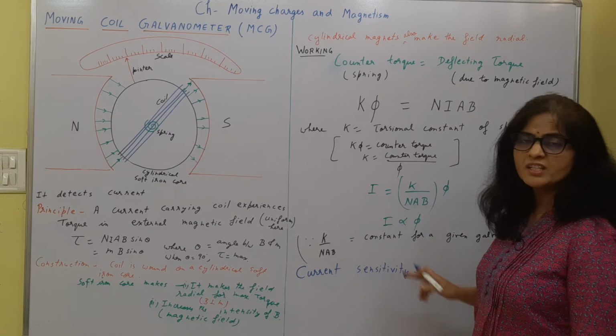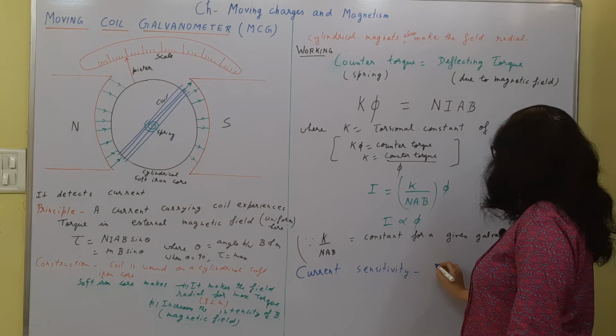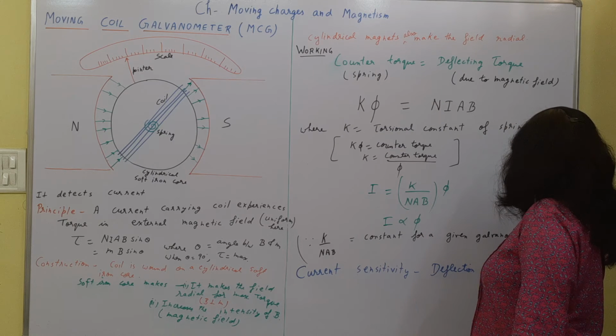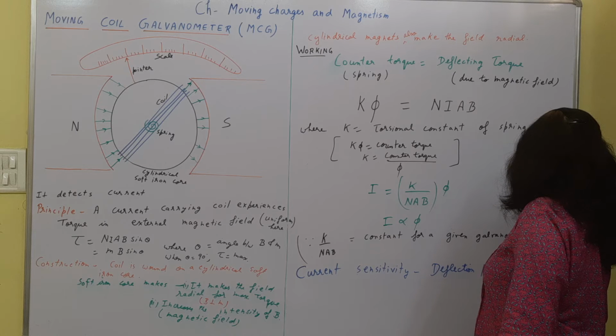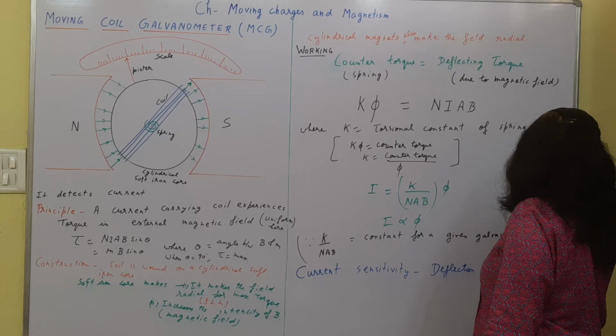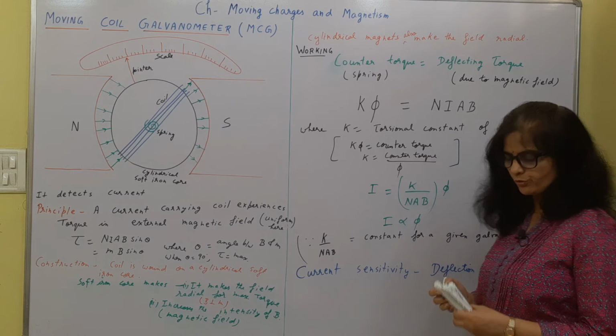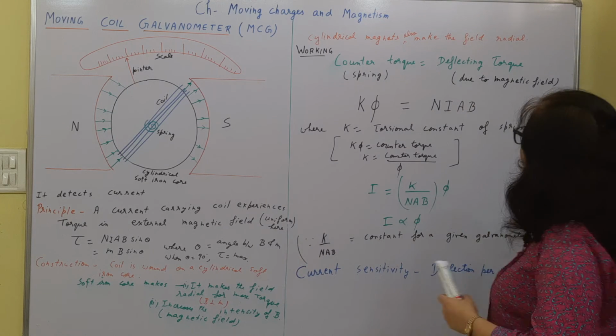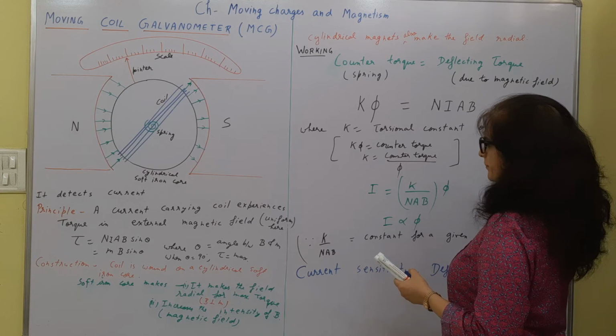This is deflection per unit current for a galvanometer. So we can write this from this expression.